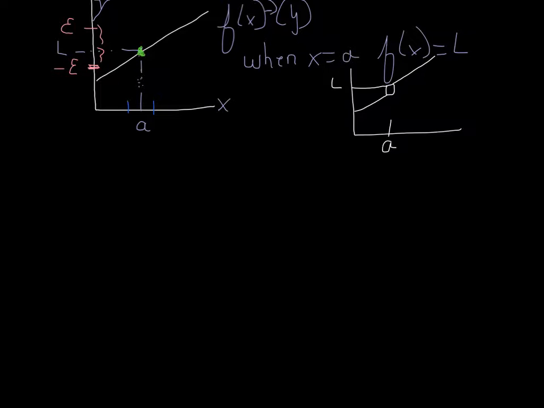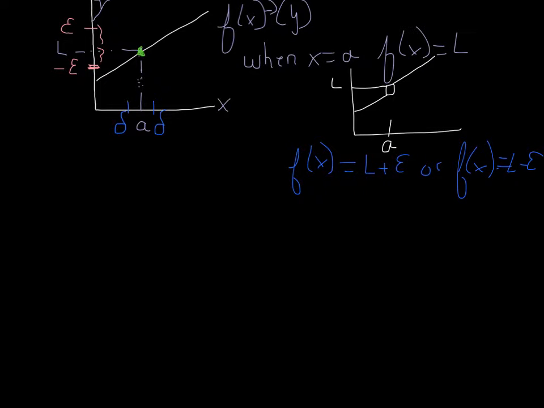And so that's where we use the delta idea. And so the delta is actually an x value, and the epsilon is actually a y value, sort of like the epsilon is L plus epsilon or L minus epsilon. So f of x is either L plus epsilon or L minus epsilon.